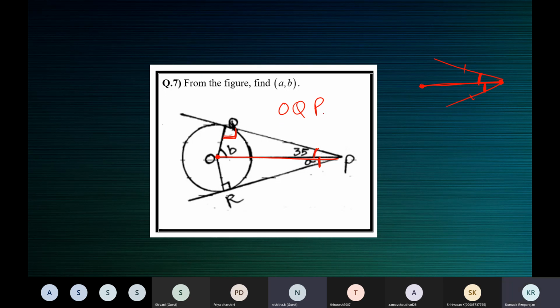We find B is equal to 55 degrees. 90 degrees plus 35 degrees plus B is equal to 180. So on working that, you will get B is equal to 55 degrees.